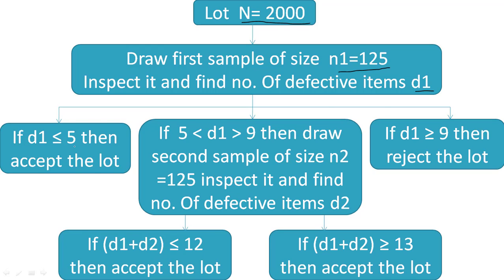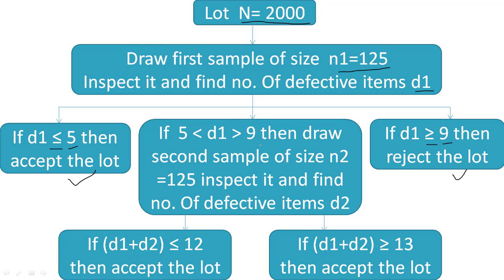We will compare this with our acceptance number and rejection number for the first sample. If D1 is less than or equal to the acceptance number, that is 5, then we can accept the lot, and if our defective items are greater than or equal to our rejection number, that is 9, then we reject the lot.